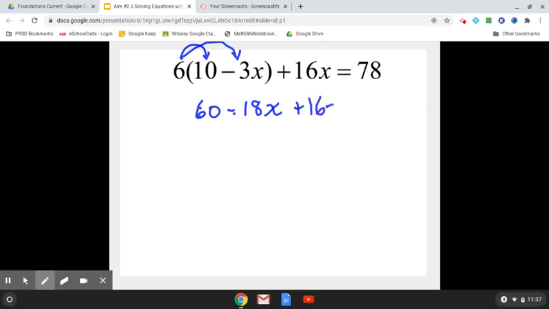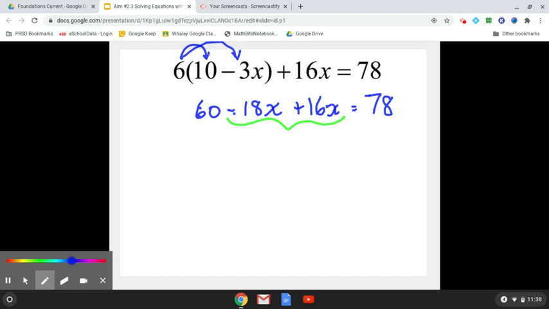I also have another x in the problem. This is that property that we talked about in the last unit, where we might want to group them together and associate them so that we can combine them. I'll just allow you at this point, because we're out of that unit, to go ahead and just combine like terms. The fact that those things are alike means that we can simplify them. So that becomes 60 minus 2x equals 78.